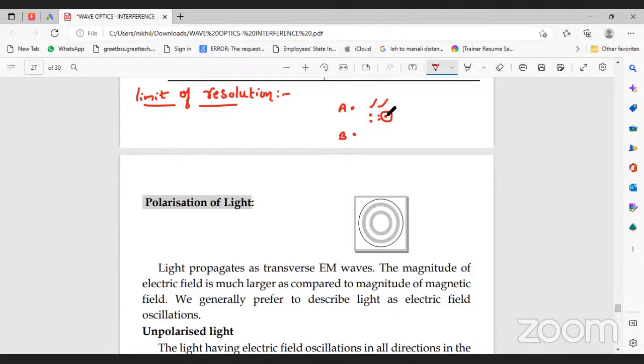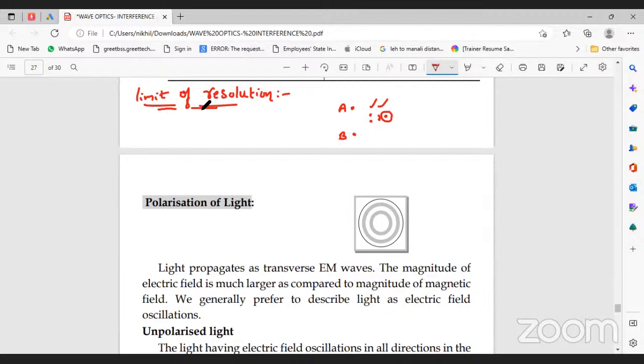So to distinguish the 2-point objects, there should be some minimum separation. That minimum separation we call the limit of resolution.